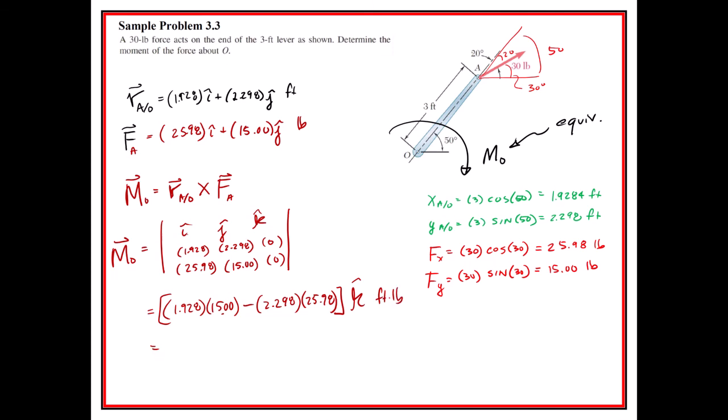We work that out, and I bet you we get the same thing that we would have got before, right? So 1.928 times 15, boom, that's 28.92.